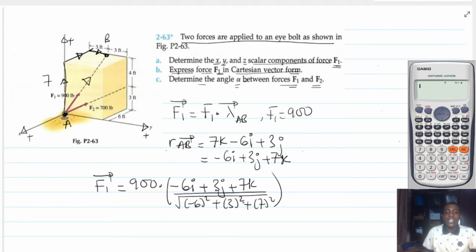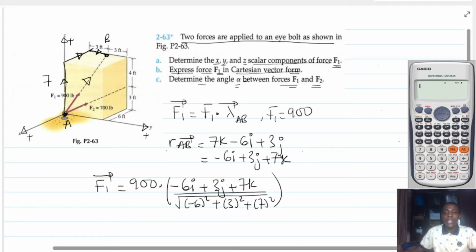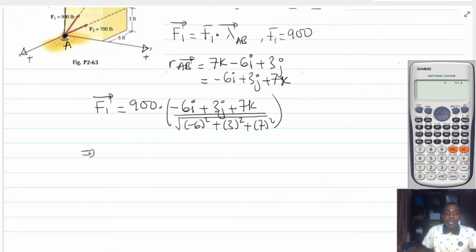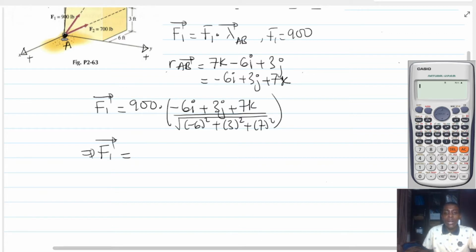This is the unit vector I was talking about, in other words, a vector divided by its magnitude. So vector F1 is going to be, let's pick our calculators and do this together.